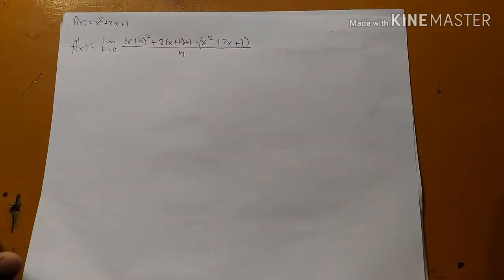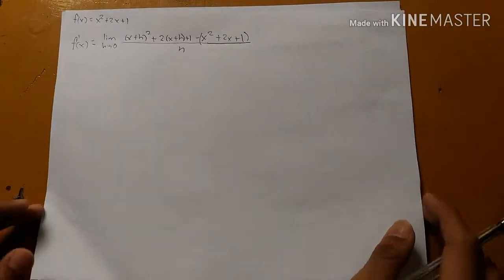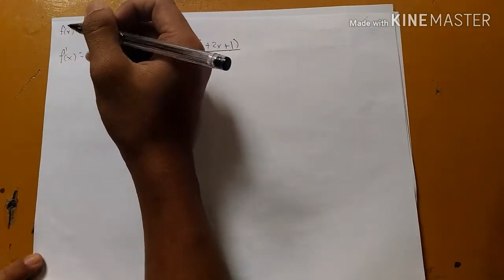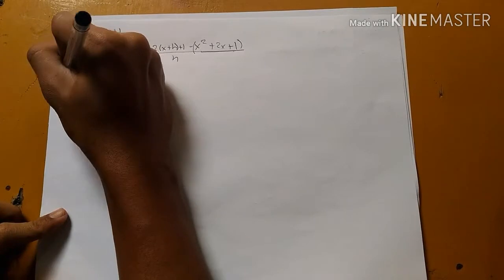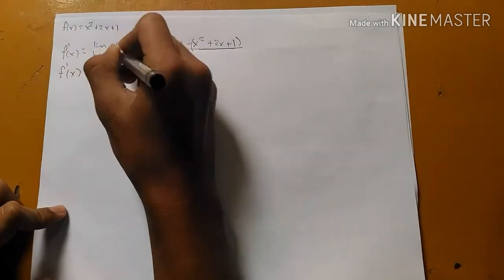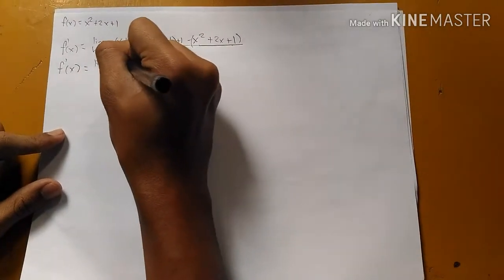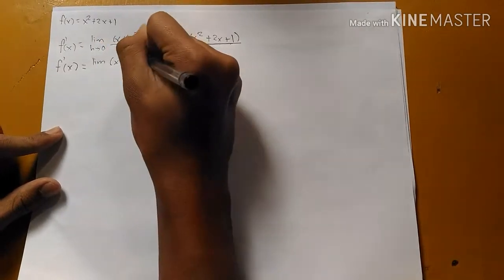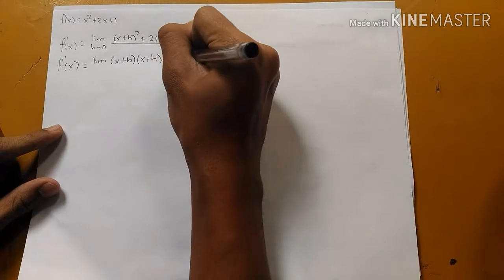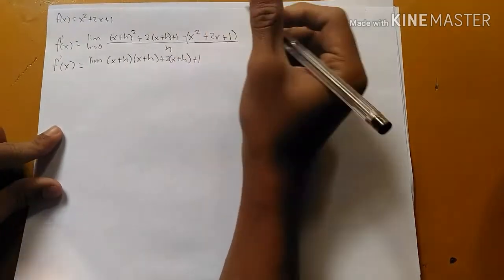Next, we need to expand this and simplify each term. F prime of x is equal to the limit of (x plus h) times (x plus h) plus 2 times (x plus h) plus 1.